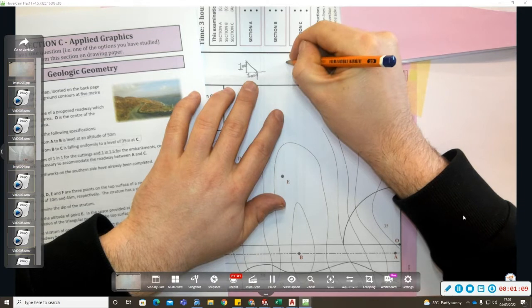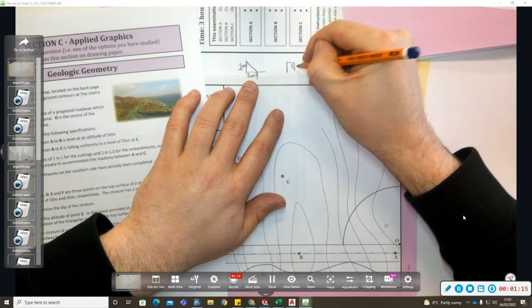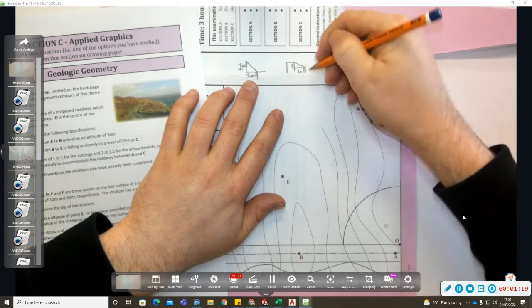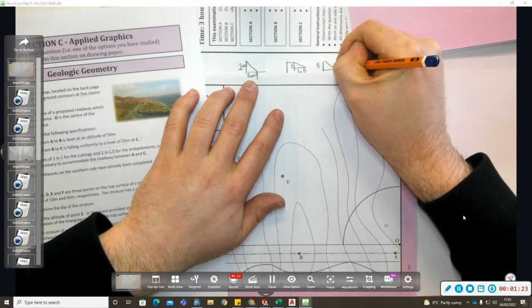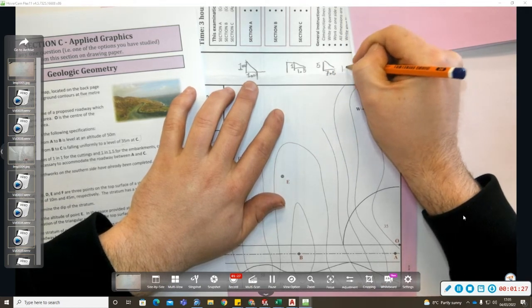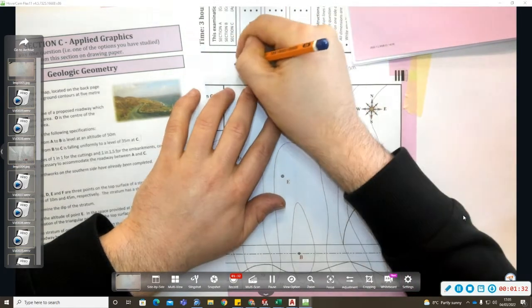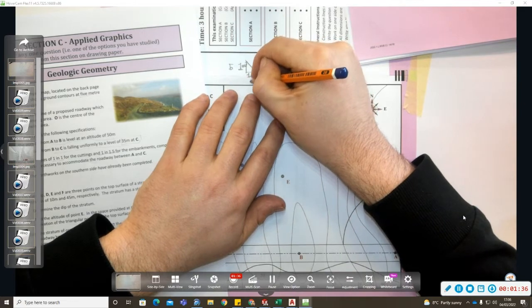Embankments, as we go down 1 unit, we're going out 1.5 units. So if we go down 5 meters, we're going out 7.5 meters, as the scale is 1 is to 1000. So for cuts, if we go up 5, we're going out 5.